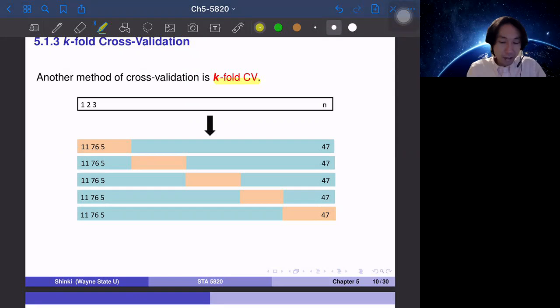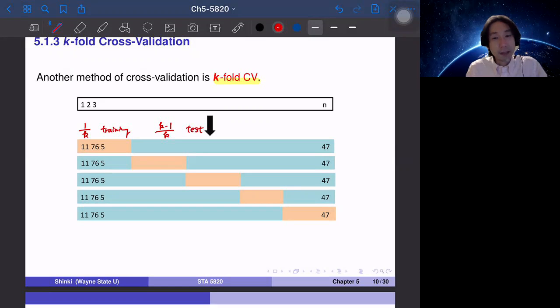Usually we use k-fold cross validation. That means basically 1 over k of the total observations is in a training set, and the remaining k minus 1 over k is the test set. For example, if n is 100 and k is 10, the training data set has 10 observations and the test data set has 90 observations.